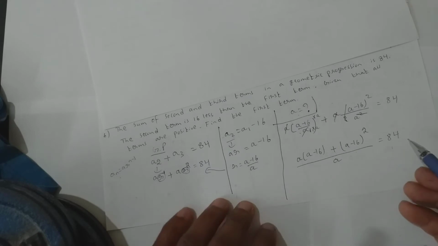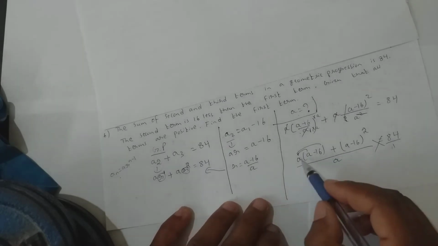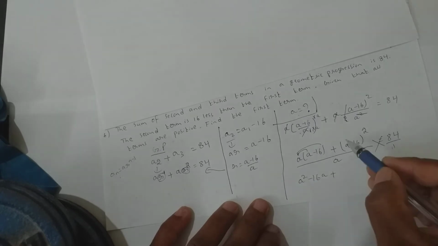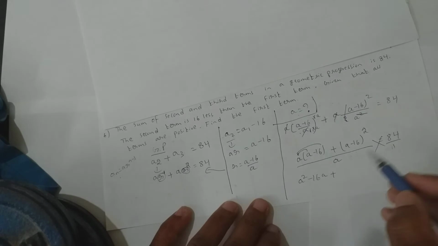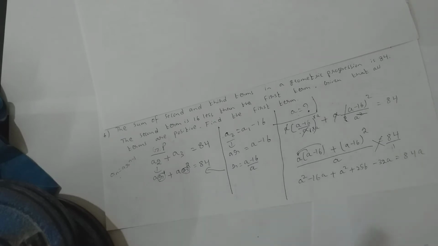Next this A goes to the other side, and let us simplify the numerator. It becomes A square minus 16A here, plus here (A minus 16) whole square. So A square plus 256 minus 32A equal to 84A. Now bring all to the one side. Then what do I get?